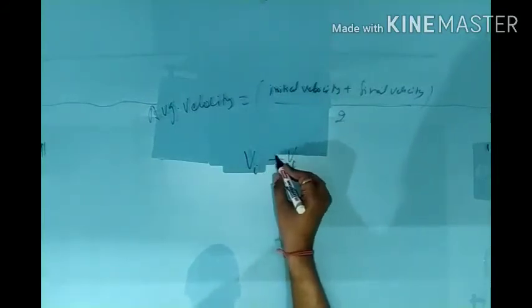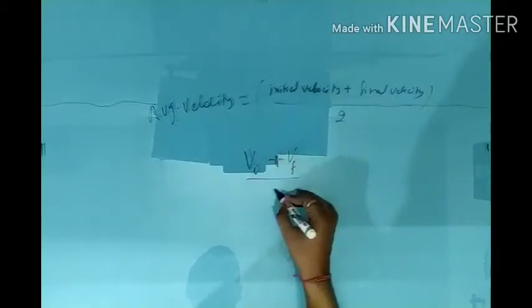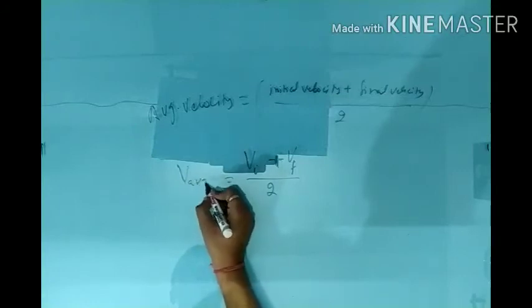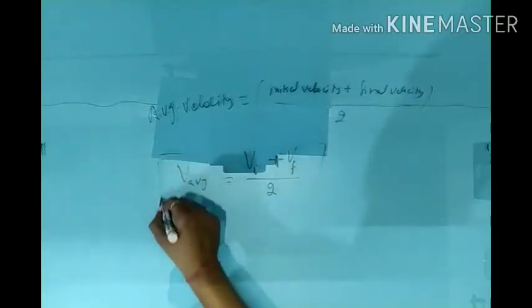If we add these two velocities and divide by 2, it becomes average velocity. It's different from average speed.